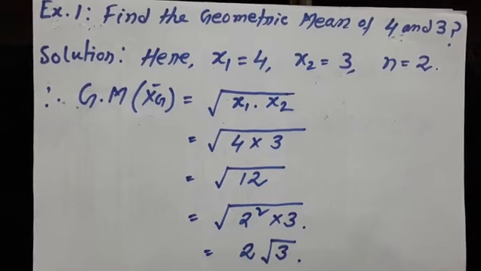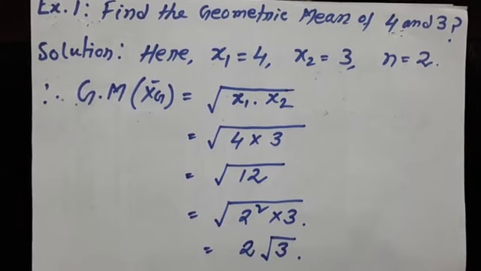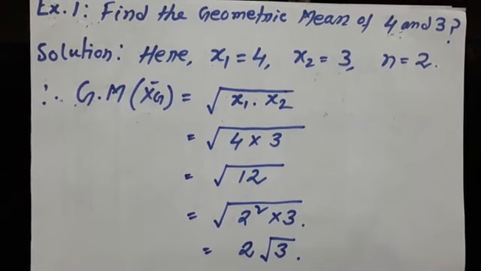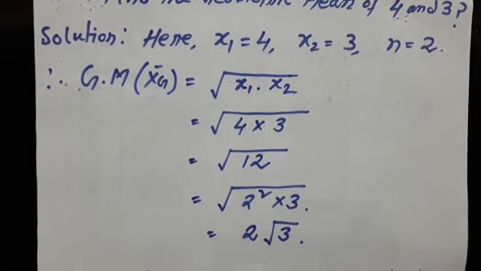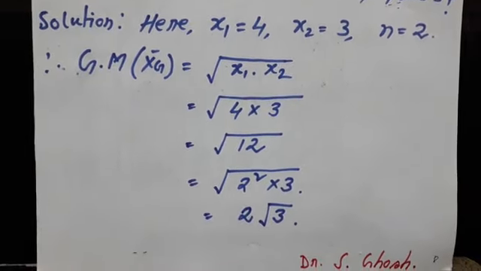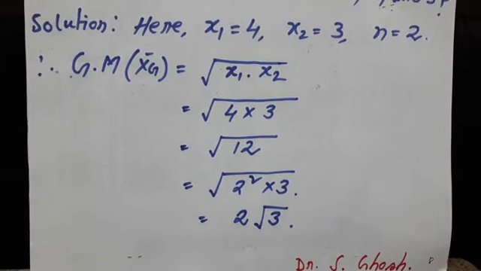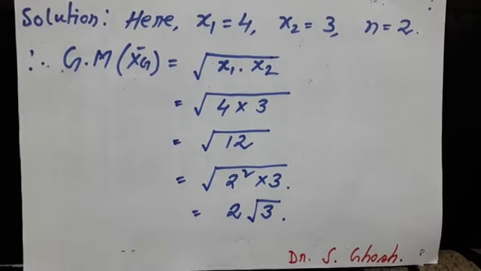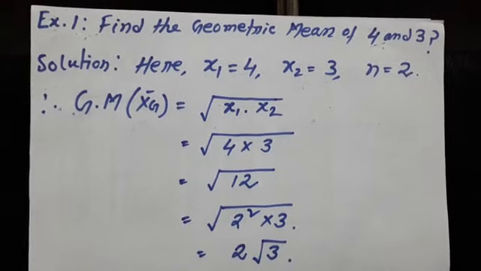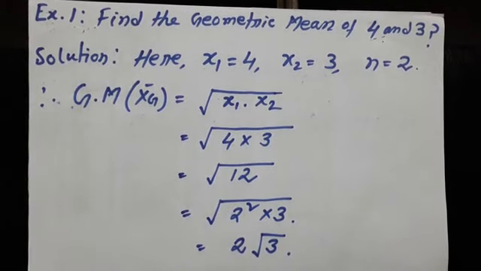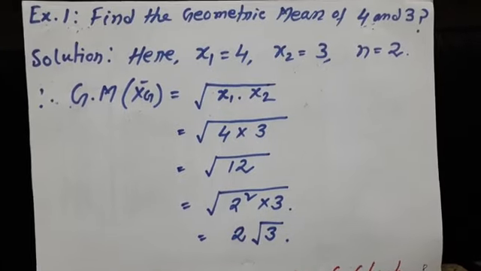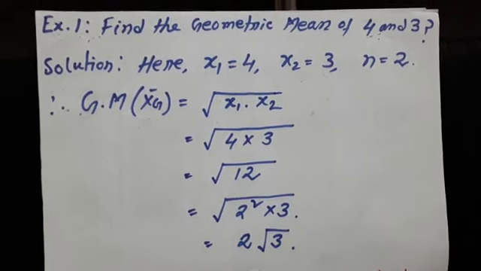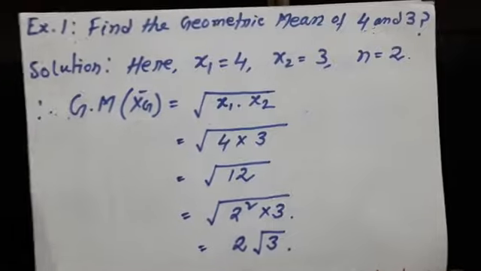Now we will use the simple formula root over x1 into x2. It means 4 into 3, 12. Now splitting the 12 we will get 2 root 3. This is the answer of geometric mean of 4 and 3.